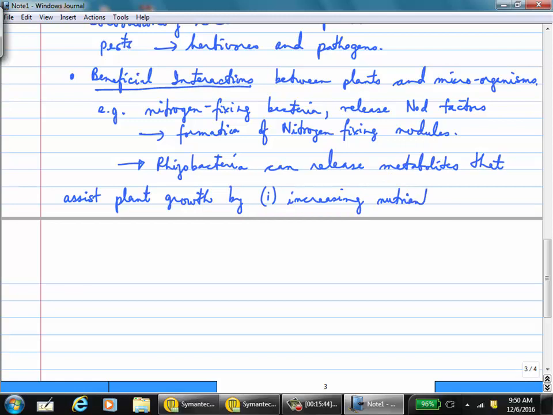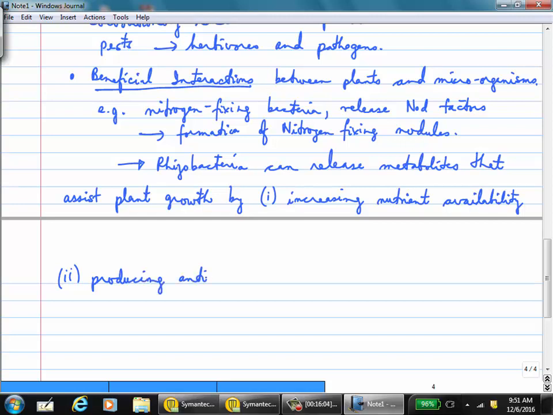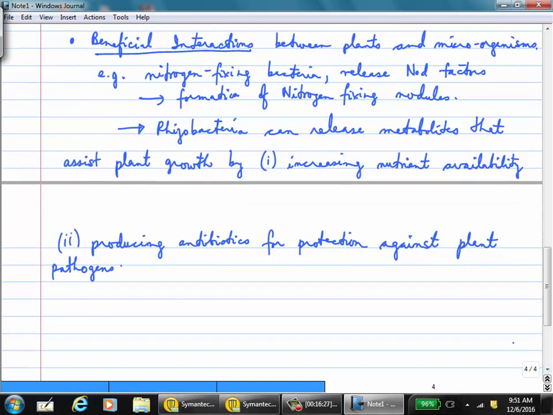And number two, by producing some antibiotics that will kill harmful organisms in the vicinity of the root, for protection against plant pathogens.